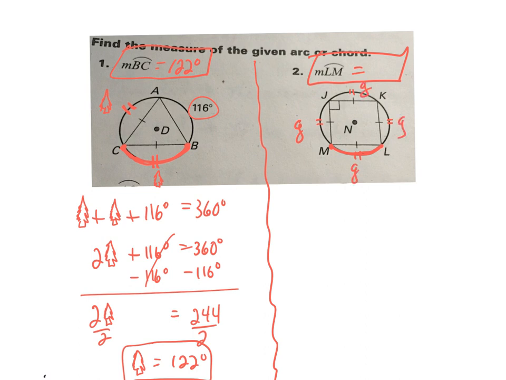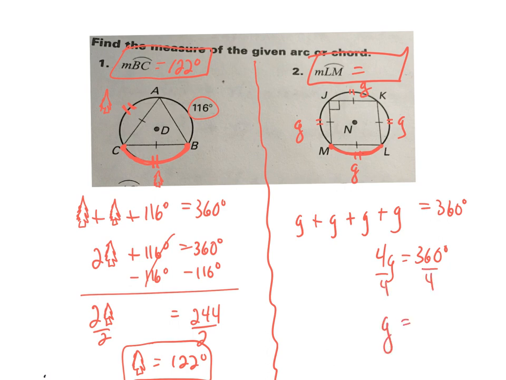And then again, just using the fact that all of the arcs together are going to add up to 360 degrees, we could simply add G plus G plus G plus G, and that sum must be 360. So when we actually solve the equation, 1G plus 1G plus 1G plus 1G is 4G. And to get rid of times 4, divide by 4.